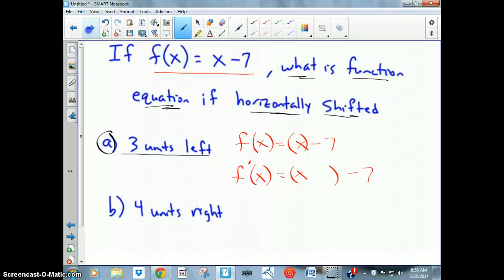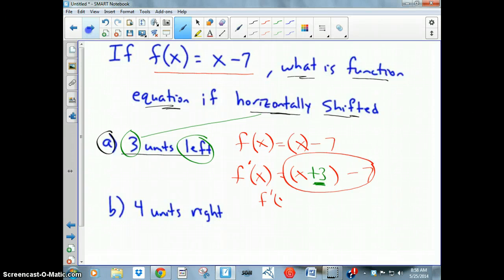Because since it's being shifted horizontally left 3 units, inside the parentheses next to the x, I need to put that plus 3 to get it to go to the left. Now, if I actually combine my like terms and rewrite this equation, f prime of x is equal to x minus 4, which is the transform function which will shift it 3 units to the left.